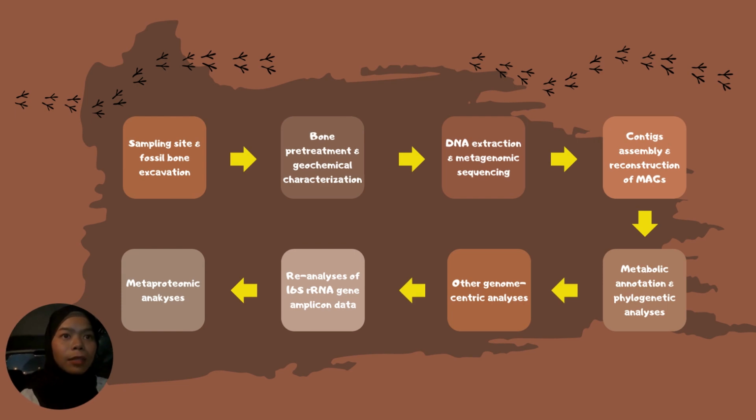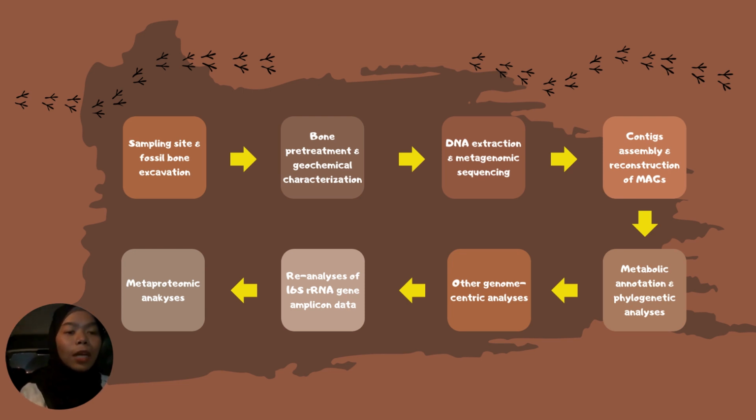This is the analytical method in a flow chart. So first, sampling site and fossil bone excavation. Secondly, bone pretreatment and geochemical characterization. Next, DNA extraction and metagenomic sequencing. Fourth, contigs assembly and reconstruction of MAGs.